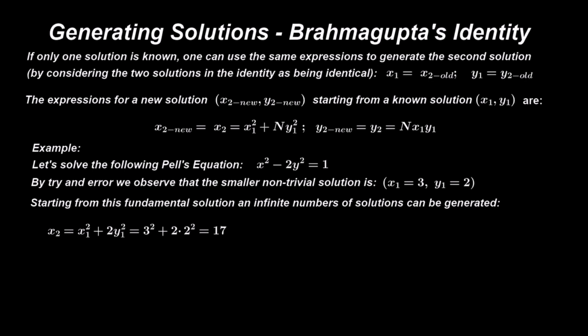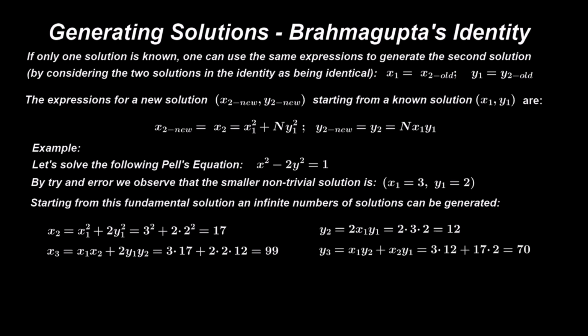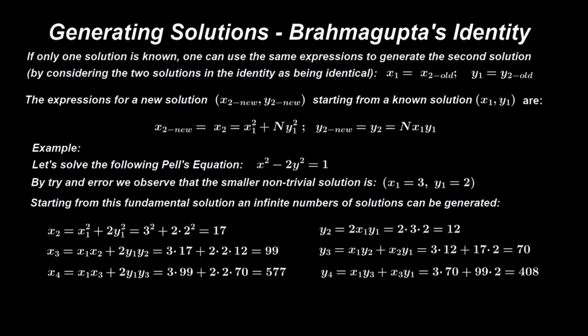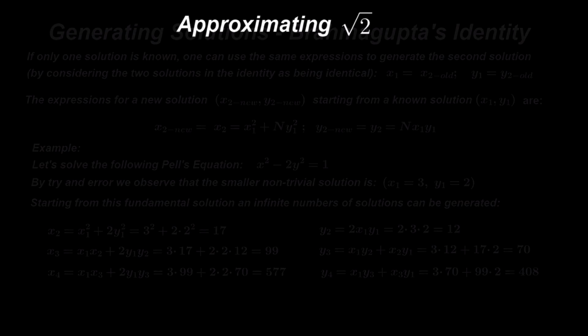One finds that 17 and 12 also verify the initial equation. Any number of new solutions can now be generated using Brahmagupta's identity. 99, 70, and 577, 408 also verify the initial equation. This process can continue indefinitely.